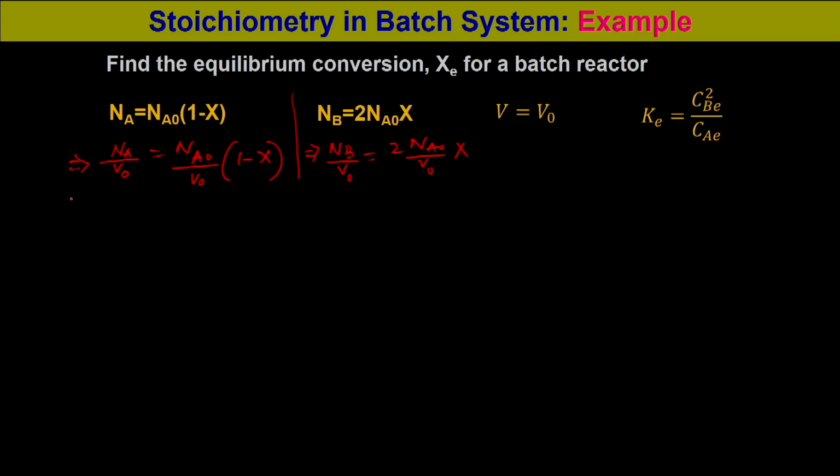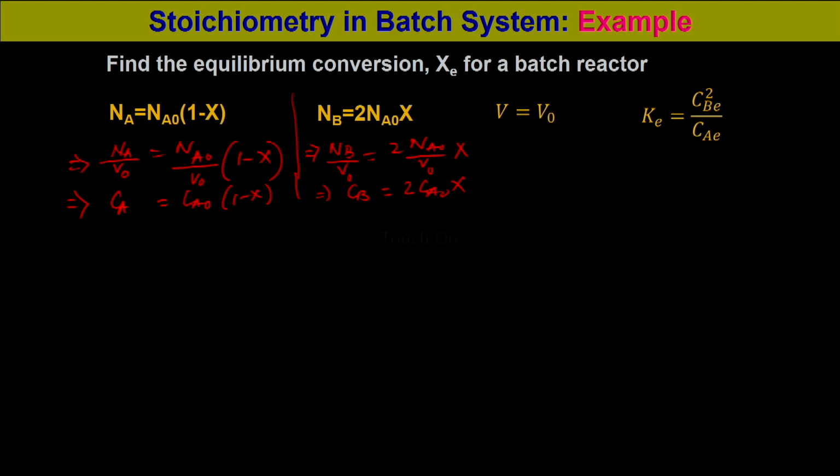So Ca would be Ca naught into 1 minus x, and from here Cb would be twice Ca naught into x.